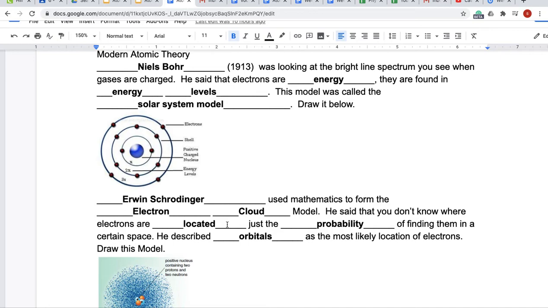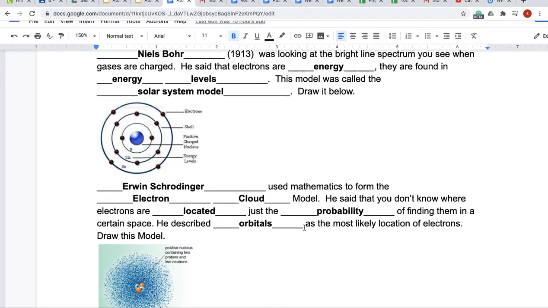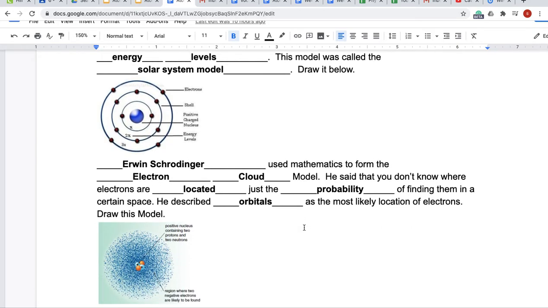However, there is more probability that they are located in some space as opposed to other space. So he basically said that electrons move around, and if they are in a space more often, there's a higher probability of it being there.